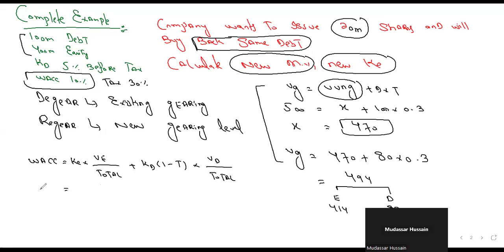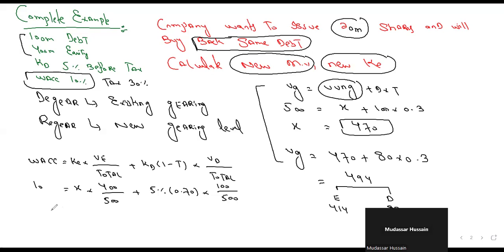The WACC has been given to you people as 10. This we have to find. Value of equity is 400, total 500. KD was 5% before tax, so multiply by 0.70. Value of debt 100 over 500.